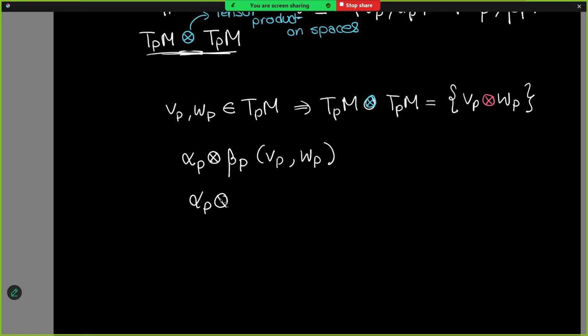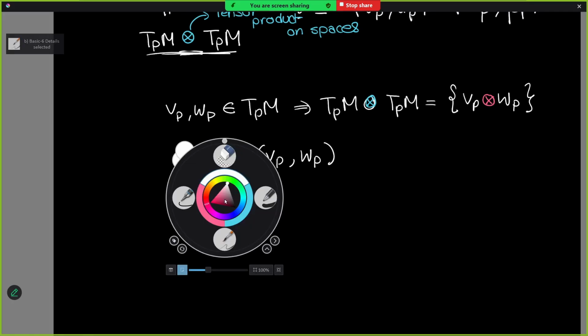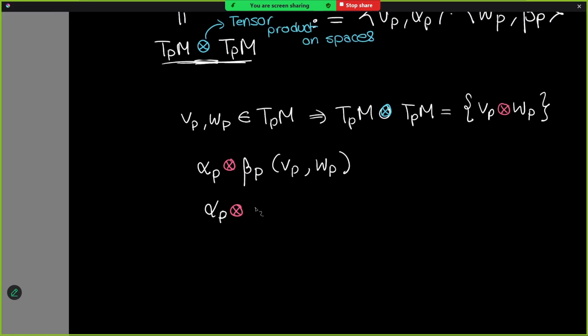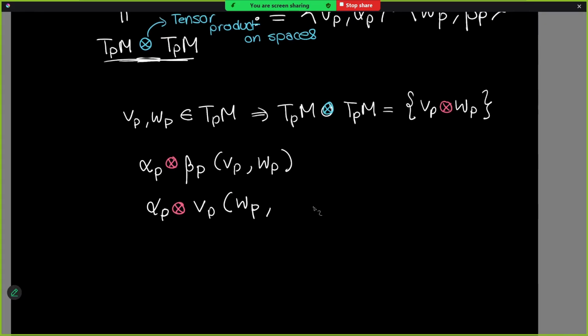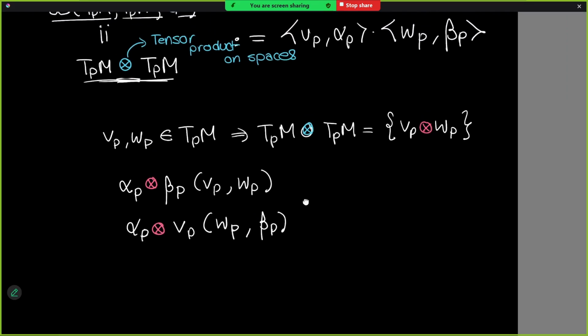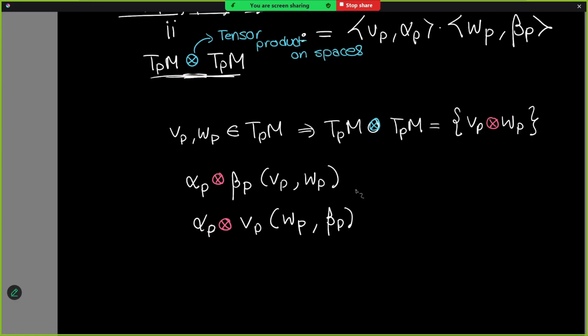Alpha p, so these are both the pink tensors, and so yeah, you could do something like this. So then the first one you would need to take a vector, and then the second slot you would need to take a covector. And these would both map to complex numbers.